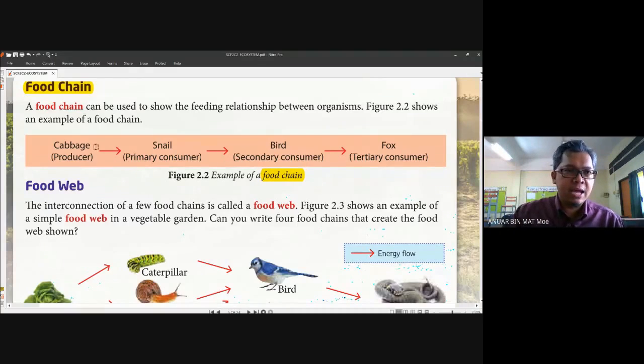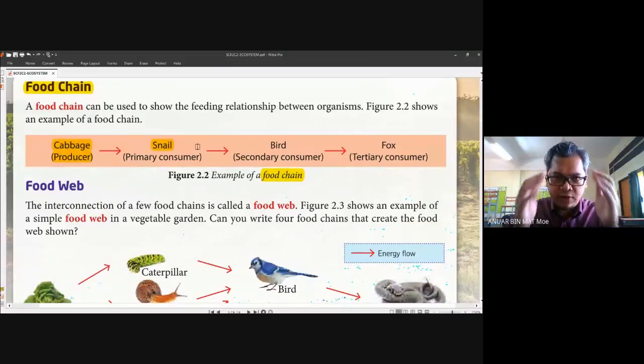For example here, cabbage. You know that is a type of plant, so cabbage is the producer. And then snail. You must be able to understand what a snail usually eats. We know that snail will eat the leaf, the plant.